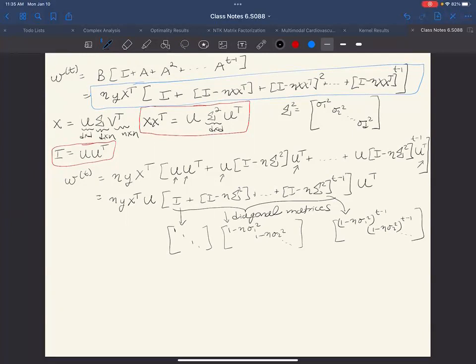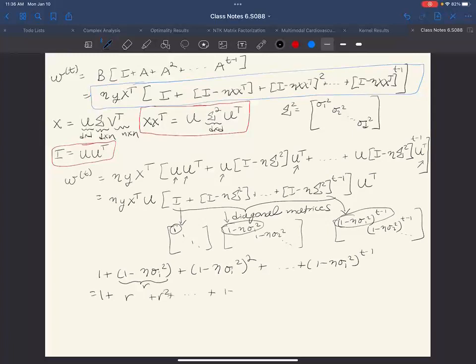Okay. So now, when I take the sum of these diagonal matrices, I'm just actually summing up individual terms in a geometric series. So what does that look like? If I look at the sum of the terms 1, 1 minus eta sigma i squared, 1 minus eta sigma i squared squared, and so on up to 1 minus eta sigma i squared to the T minus 1, well, if I'm calling this r, this is going to be 1 plus r, r squared, up to r to the T minus 1.